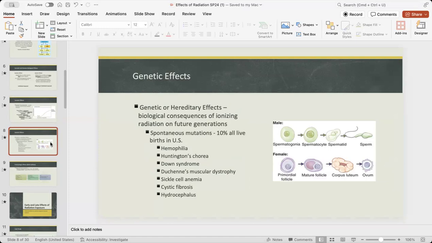These are all spontaneous mutations because we do know that sperm cells and those cells that are rapidly dividing are going to be a little bit more sensitive than some of the other cells. And these mutations happen in about 10% of all the live births in the US. They're basically biological consequences of being exposed to radiation.